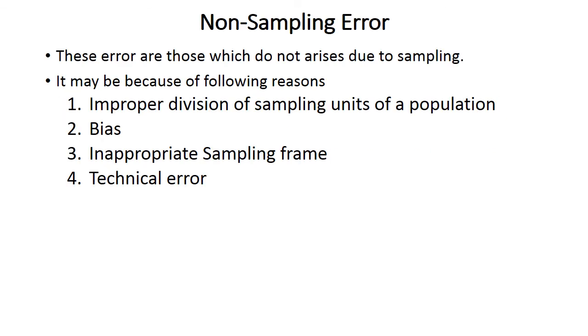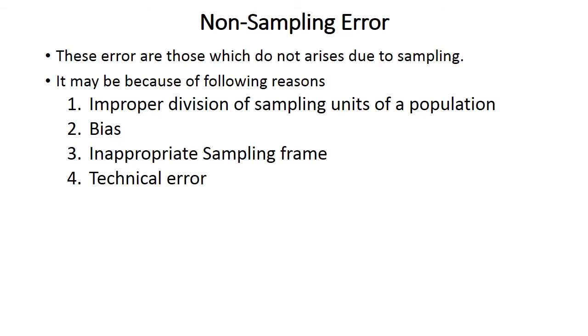Coming on to non-sampling error, these are errors which do not arise due to sampling. We can say all errors other than sampling errors can be included in this category. Non-sampling errors mainly arise at the stage of observation, ascertainment, and processing of data, and hence are present in both sampling and complete enumeration.